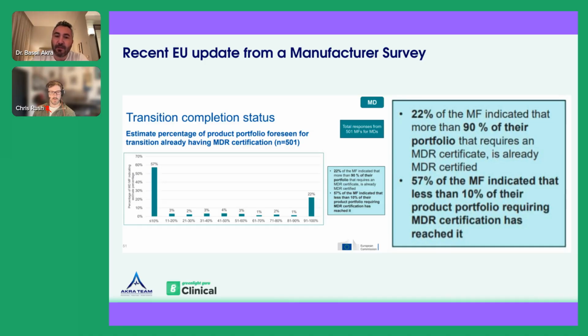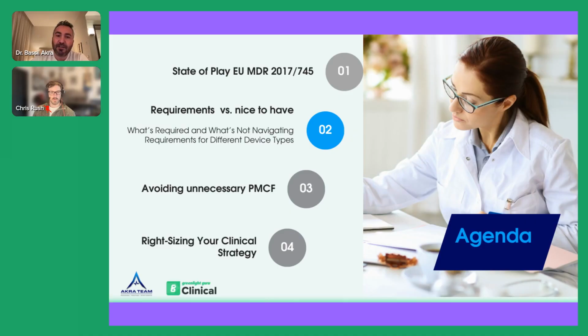And this is connected to multiple factors, especially the clinical evidence level, the clinical data available for devices. A lot of manufacturers are still struggling to show their notified bodies, at the time of certification, sufficient amount and quality of data to move their devices from a directive to the regulation.